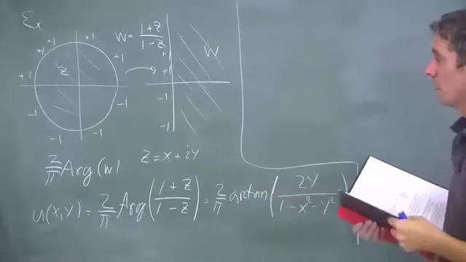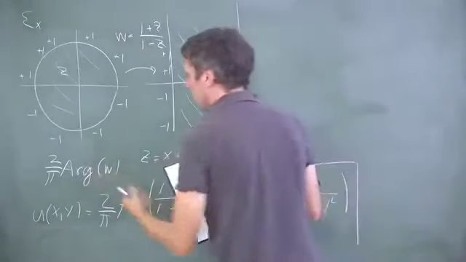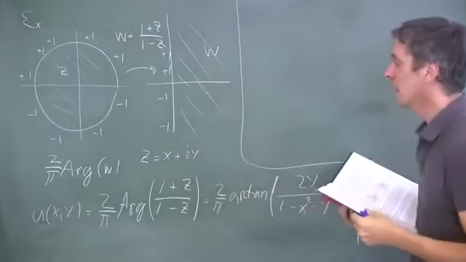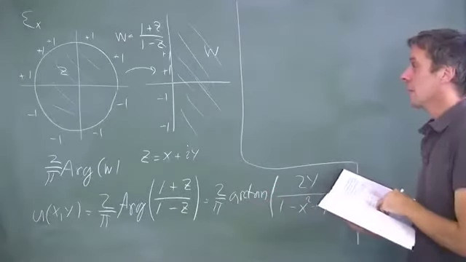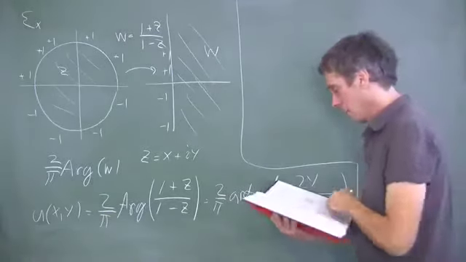So this was, of course, a very simple problem because we actually had this argument function ready from the beginning, so to speak. But I'll also now show you a slightly more complicated problem.